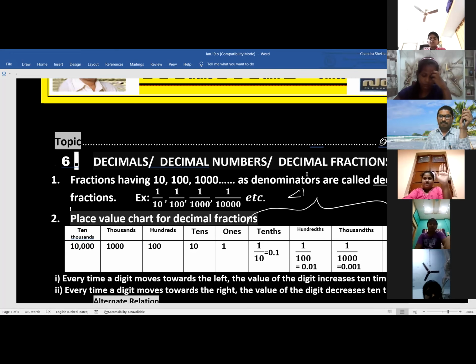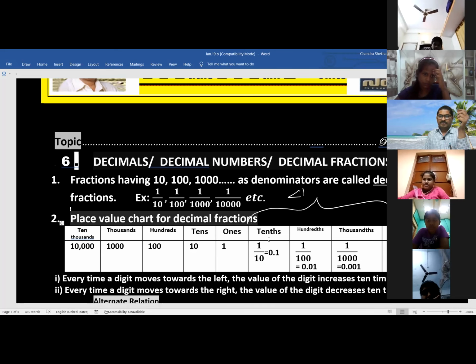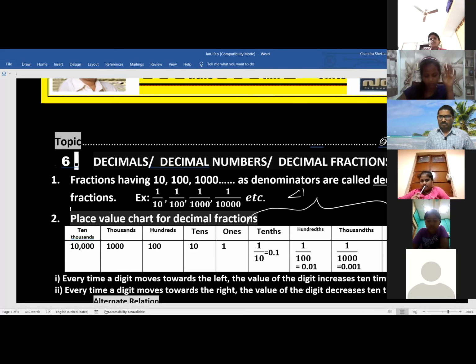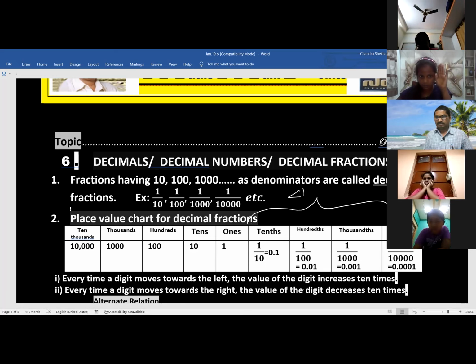Nityasri. No, sir, I did not understand. Suppose this is tenth. Is a tenth greater than 1 or less than 1? Greater than 1. Tenth means, see carefully: 1, 2, 3, 4, 5, 6, 7, 8, 9, 10.